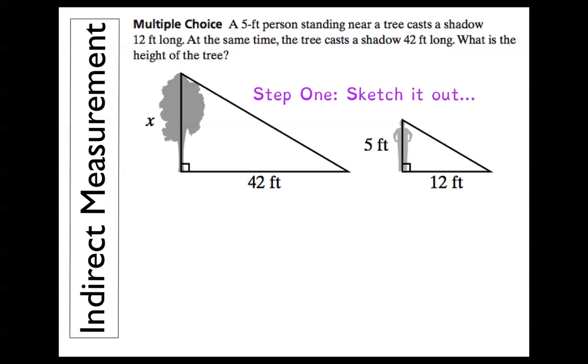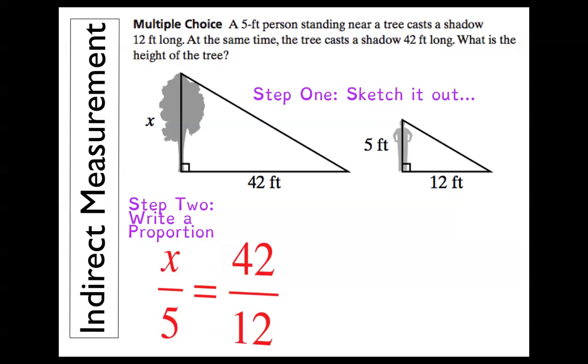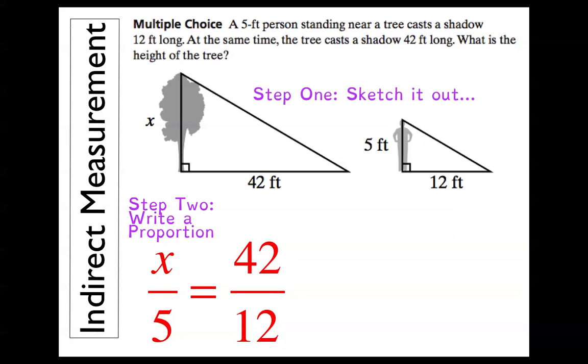And we don't have to actually directly measure the height of the tree, we can use proportions, because we know similar triangles have proportional relationships. So I'm going to say that x over 5 equals 42 over 12, and then step 3 is, well, we've got to do some cross multiplication and solve this thing.